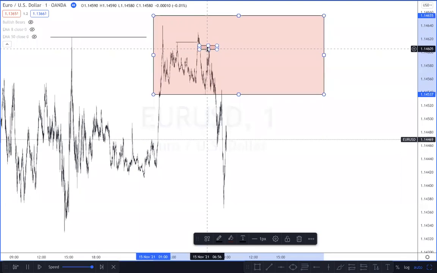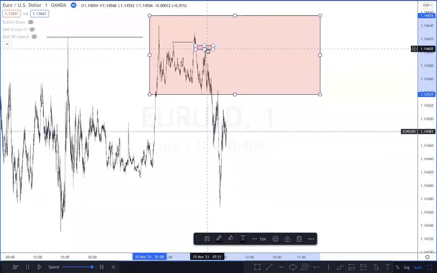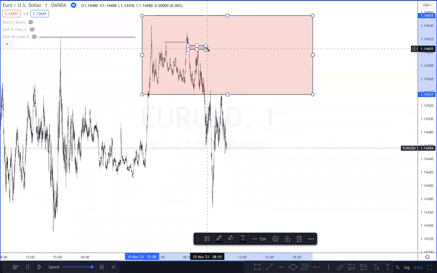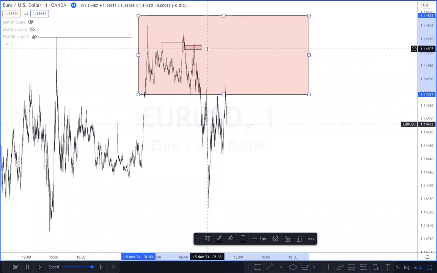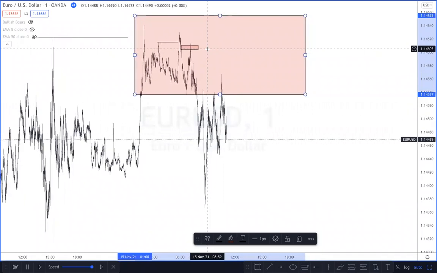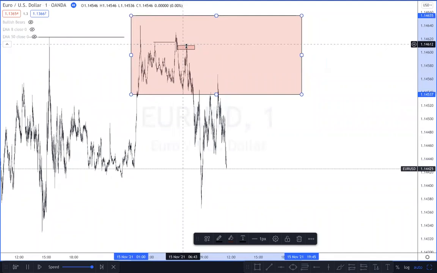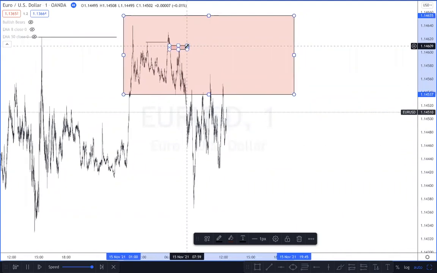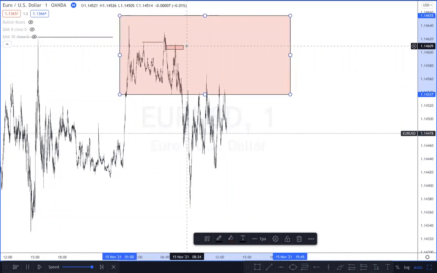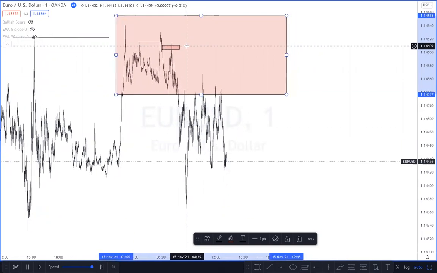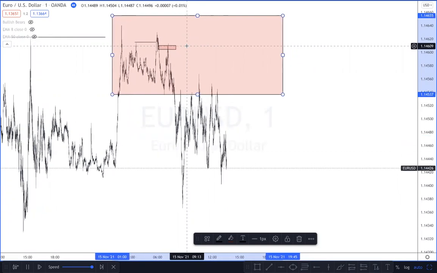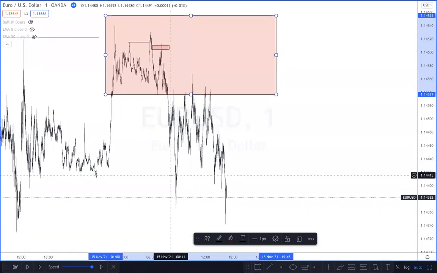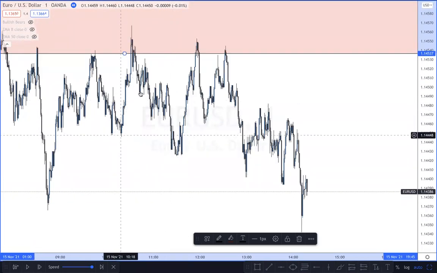I only closed it today, this morning. Let's see if price will ever come back to this area. Another entry right here. Break of structure.